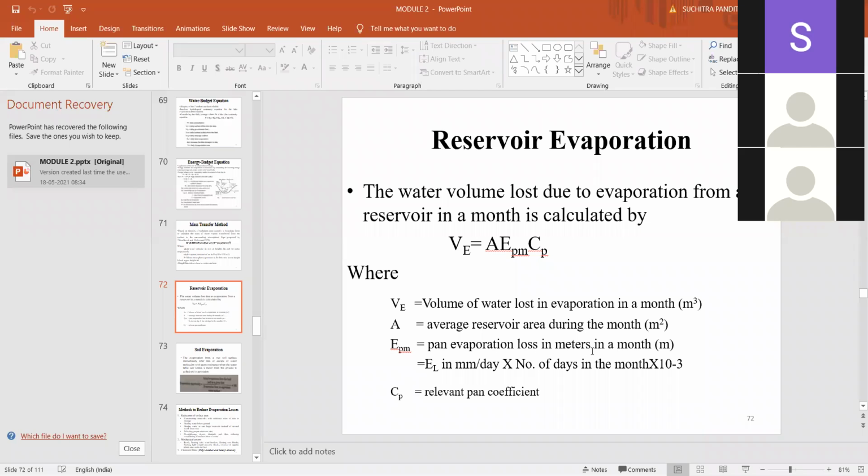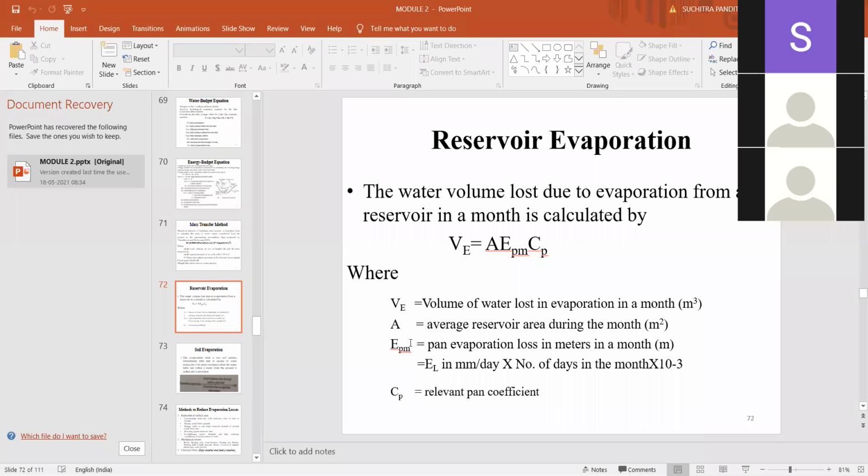that is, the water surface area exposed to the atmosphere in square meters or square kilometers, and EPM is the pan evaporation loss in meters or centimeters in that particular month, because you have to install an ISI pan, a land pan or a Colorado sunken pan in the vicinity of the reservoir. Whatever values you get from the pan evaporation have to be multiplied by the pan coefficient, and EL in millimeters per day is multiplied by the number of days in a month.